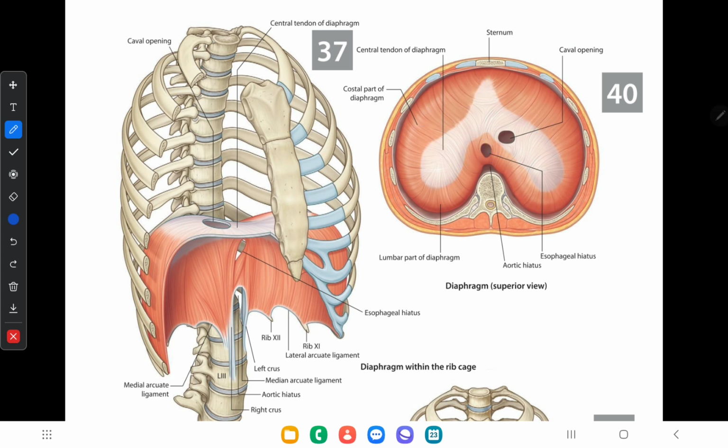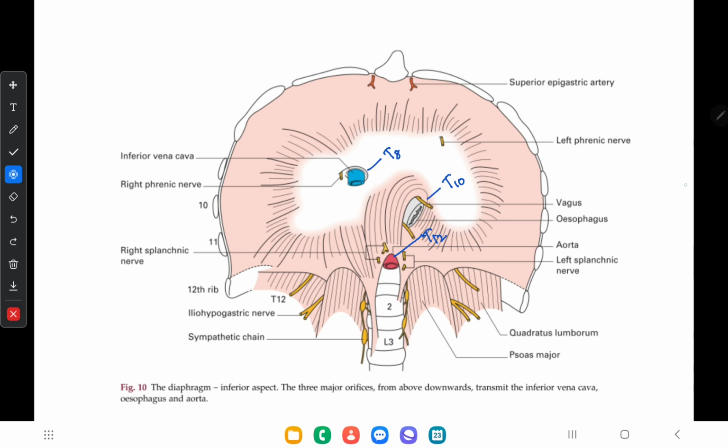Let's see what are the apertures in the diaphragm. There are 3 major apertures in the diaphragm or major openings in the diaphragm. First one is opening for inferior vena cava. Here is the opening for inferior vena cava. It is located in the central tendon and at the level of T8, 8th thoracic vertebra. And this opening is somewhat towards the right side from the midline.